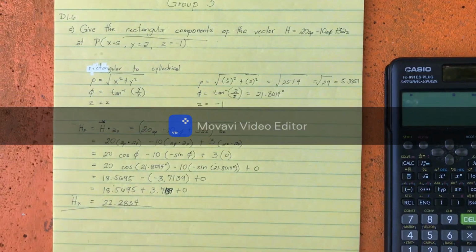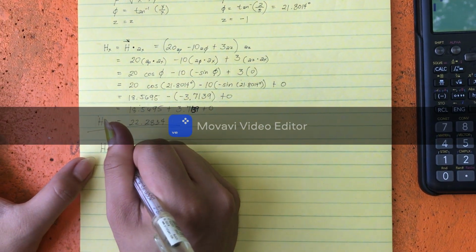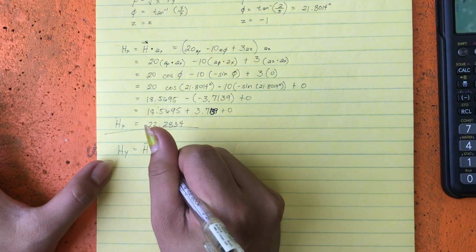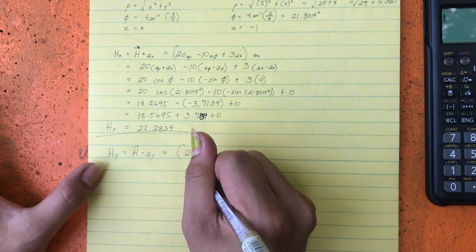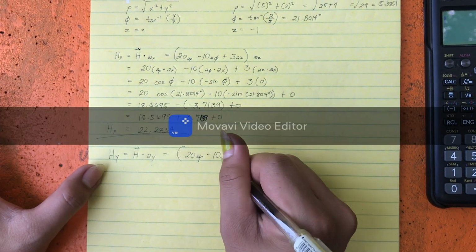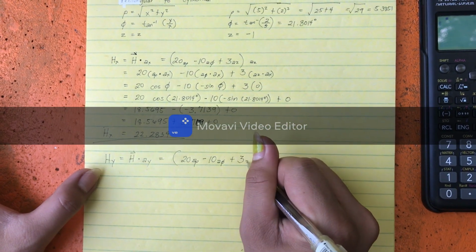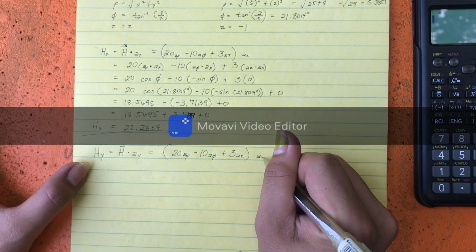To find the y component of H, that is equal to vector H dotted by a sub y, where our vector H is equal to 20 a sub rho minus 10 a sub phi plus 3 a sub z dotted by a sub y.